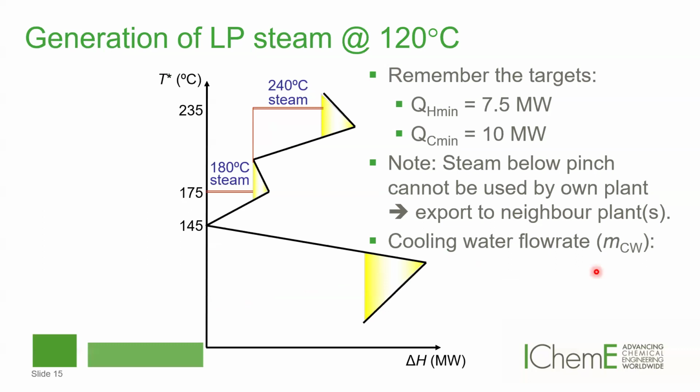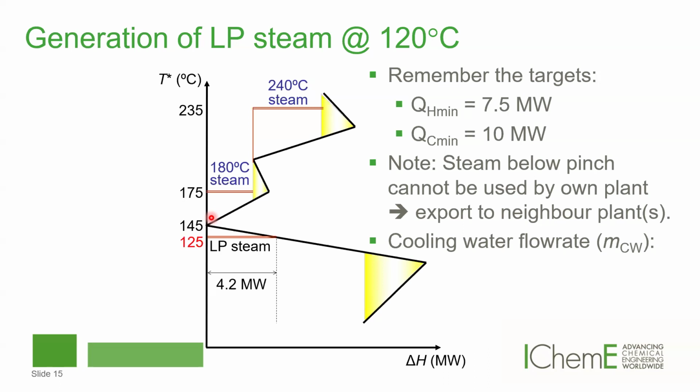Now, if you're not removing everything using cooling water, we can raise some steam. So the good thing here is our pinch temperature is relatively high at 145 degrees Celsius. So we can use a bit of low pressure steam. If the temperature of the low pressure steam is 120, it can be used to cool some of the hot stream below the pinch.